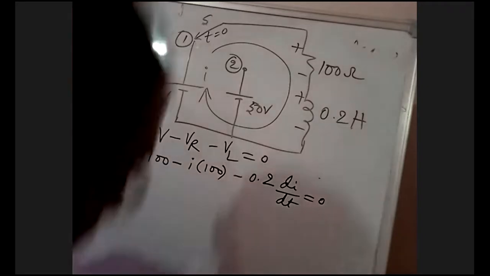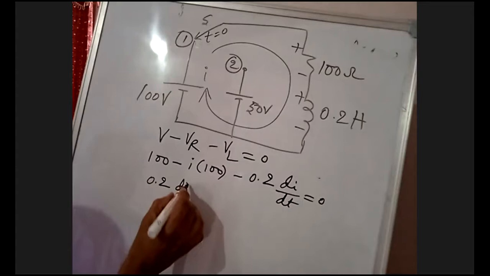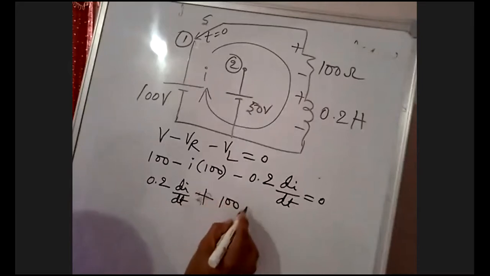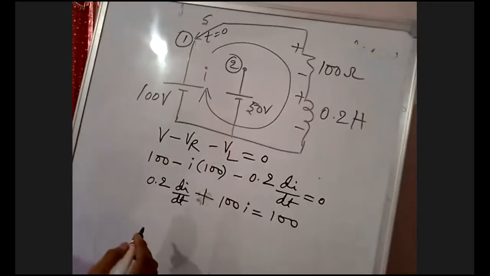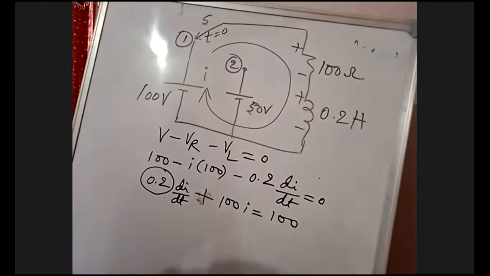Now here, 0.2 di by dt plus 100i is equal to 100. I am rearranging the terms, bringing 100 to the right hand side. Now I have to make the coefficient of di by dt 1.